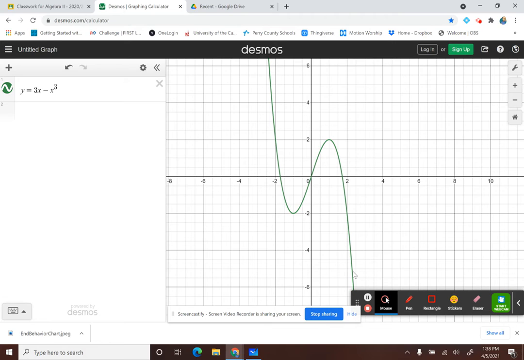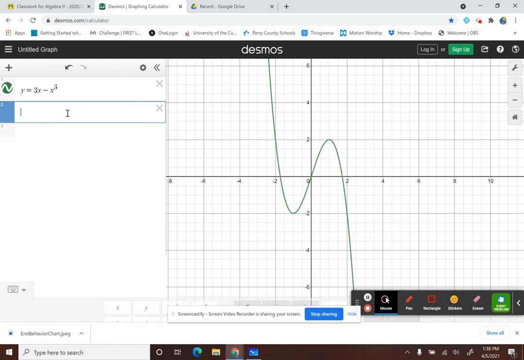So it's totally different behavior than something that was squared, because when I had something that was squared, it was either both pointed up or both pointed down. And here I want you to notice something else. I've got something that's to the third, and you will note that I have two turns this time.